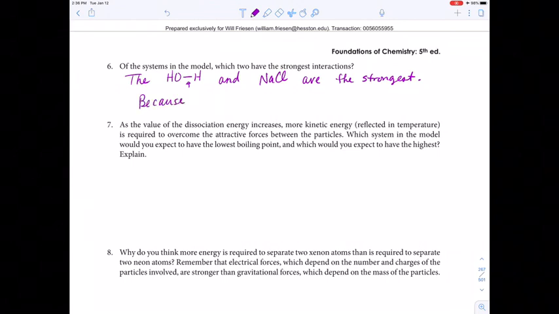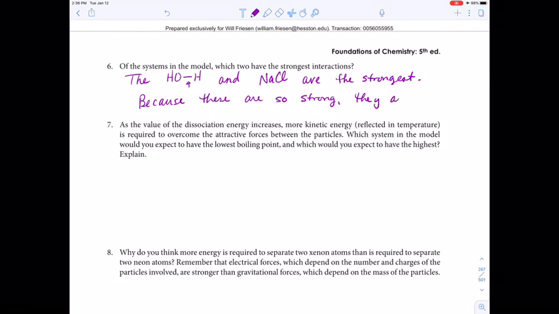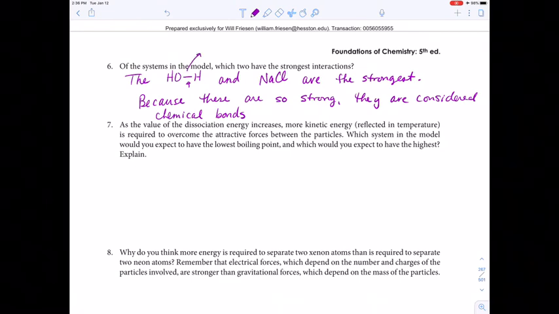We could also note that because these are so strong, they are considered chemical bonds. Right, this one would be a covalent bond. It's between two nonmetals.